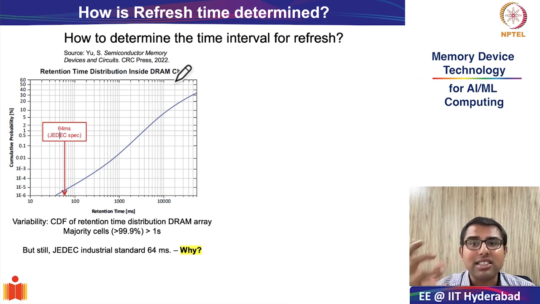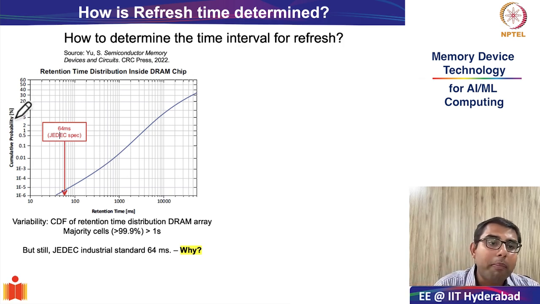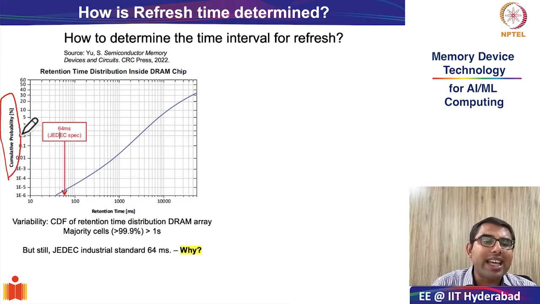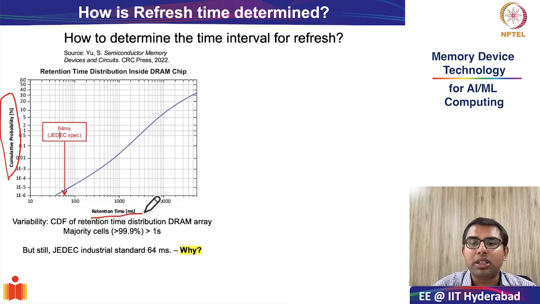Since it's a statistical distribution, we need to understand how to plot it. This is done by this graph called cumulative probability percentage, which is a modified version of your CDF or cumulative density function. This is on the y-axis in log scale, and on the x-axis is your retention time. Without going into too much mathematics, let me tell you how to read this graph and extract some meaningful information out of it.